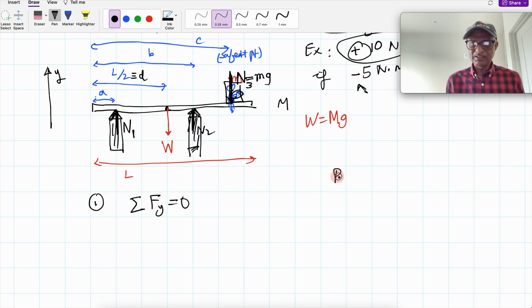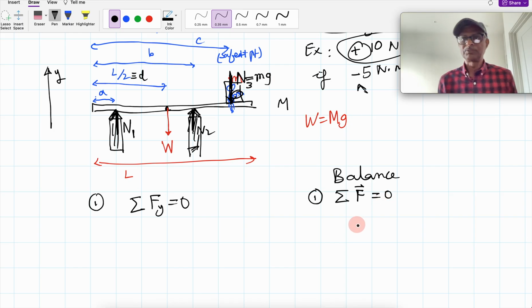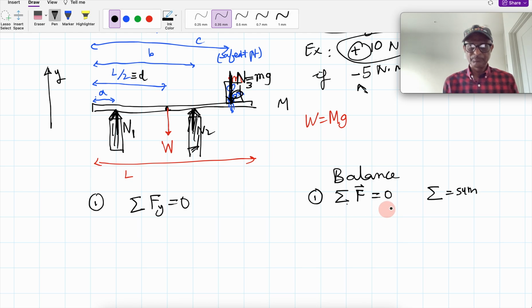So the balance in this system requires sum of all the forces vector-wise is 0. This means add all the forces. This symbol sigma is used to denote I'm going to add up.